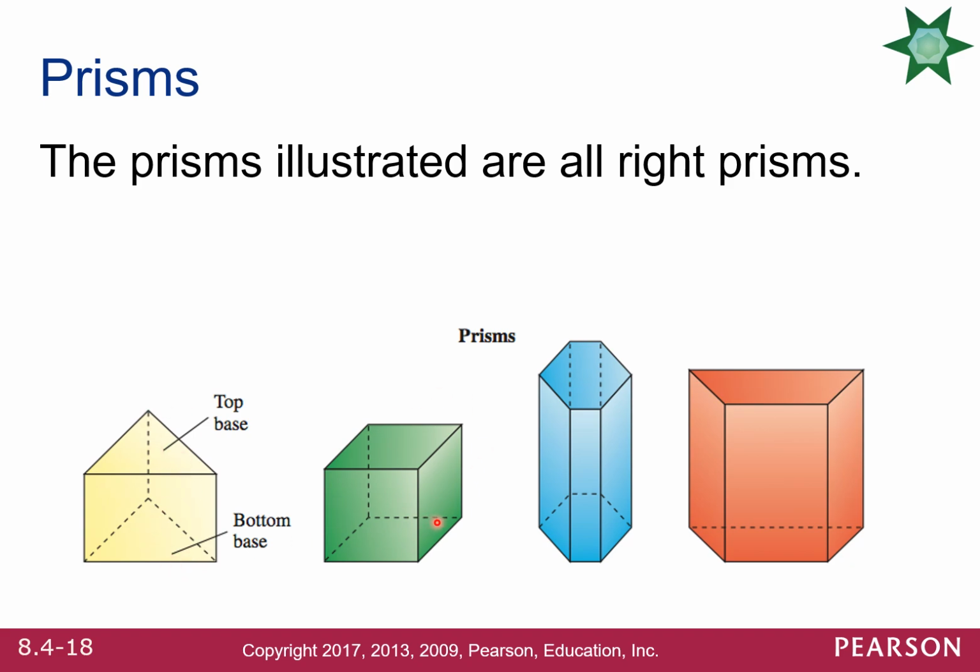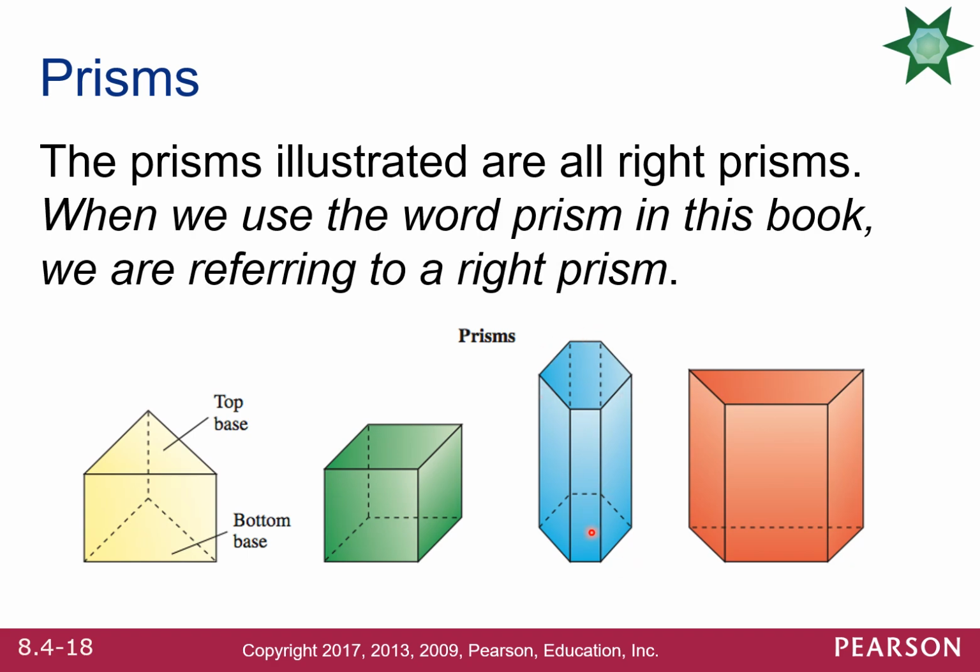Then we have a prism which is a cube, the green one here, and then the blue figure is 1, 2, 3, 4, 5, 6. So it sits on a hexagon, right? It has 6 sides, the top and the bottom surfaces, and then there are rectangles sitting between the two hexagons. And again, this orange one is sitting on a trapezoid.